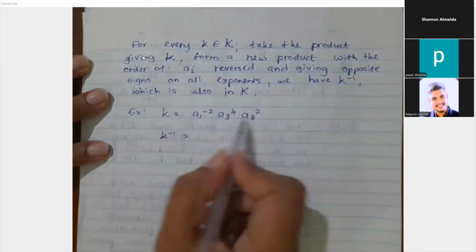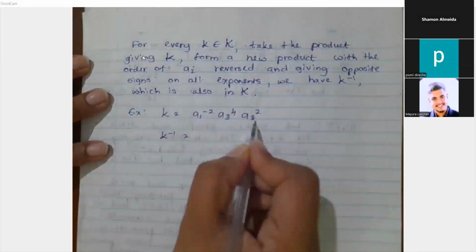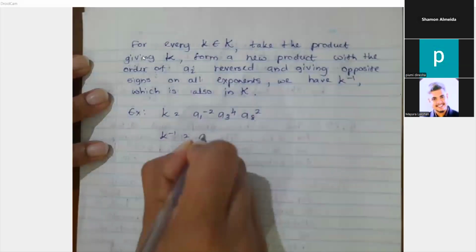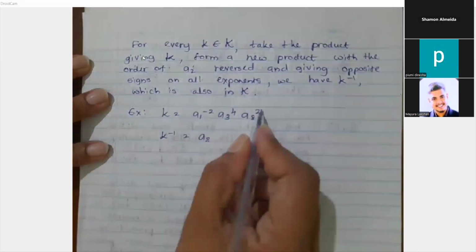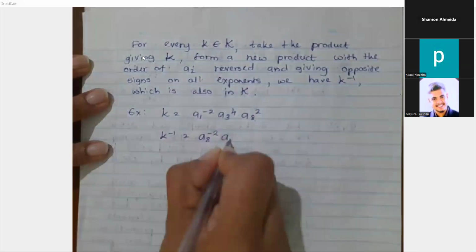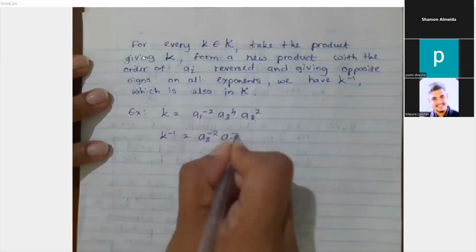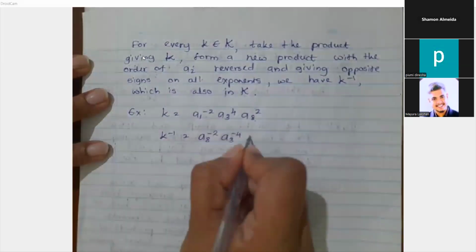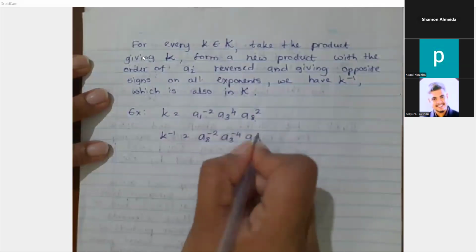Reverse all these elements, starting from this last one. Write it over here, a_8, and multiply this exponent by -2. Then we come to the next element, put it over here, a_3, multiply by -4. Come to this one, a_1, multiply by negative, you have 2.